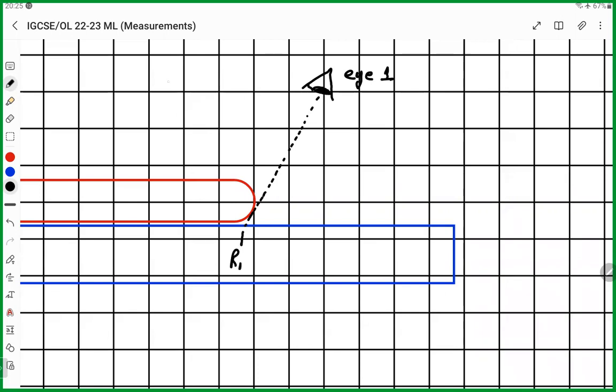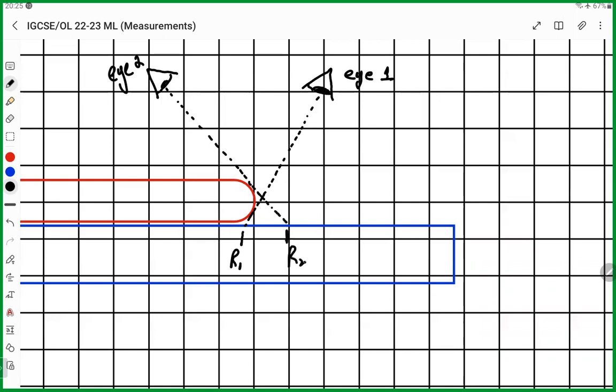And if your eye is here, let's say this is I2, you will find that the reading of the object is here.